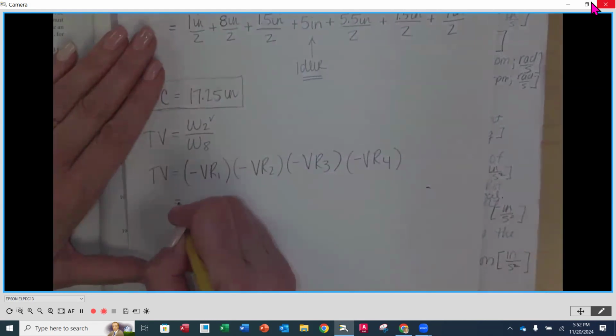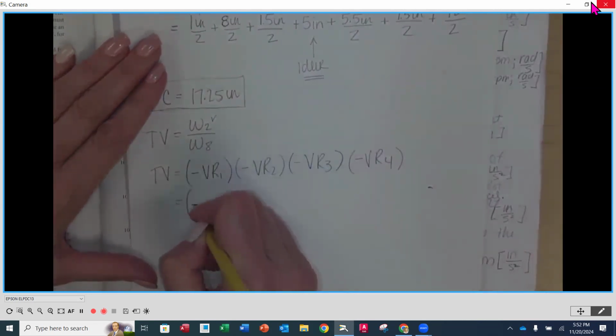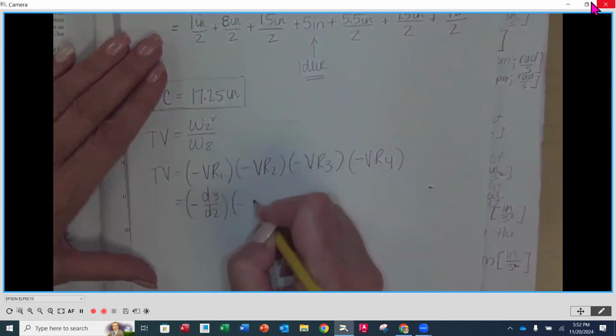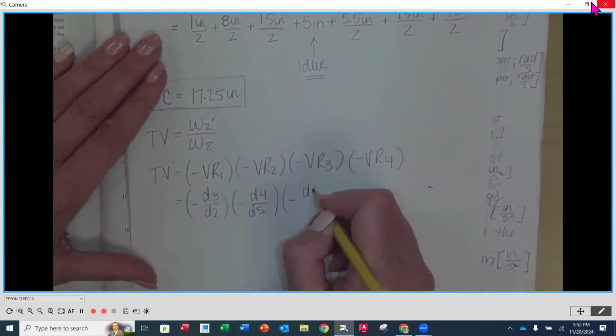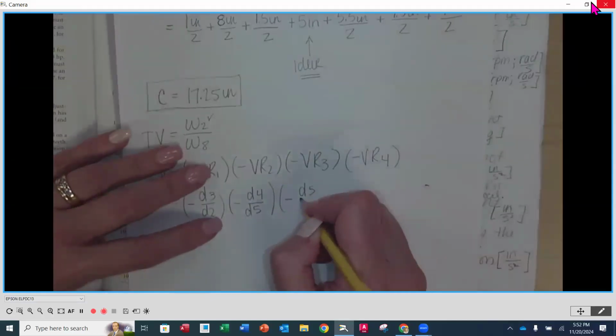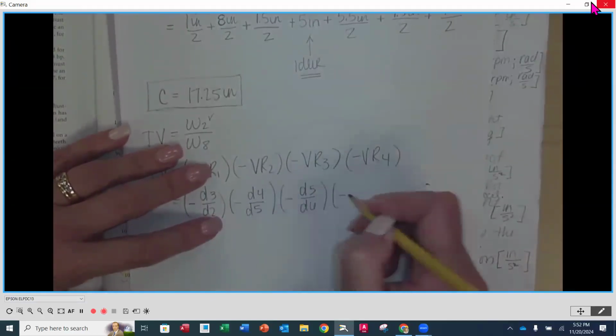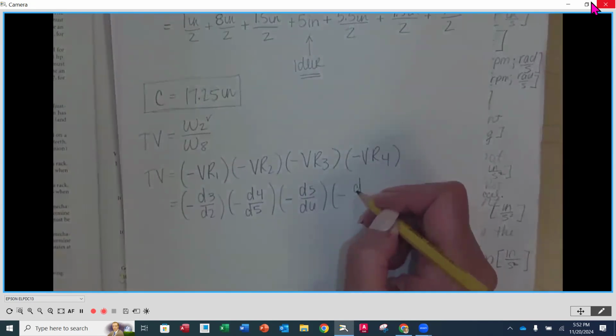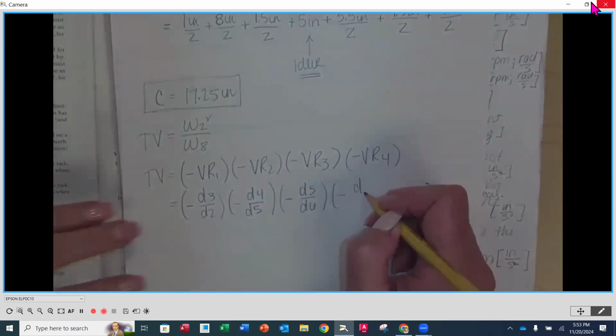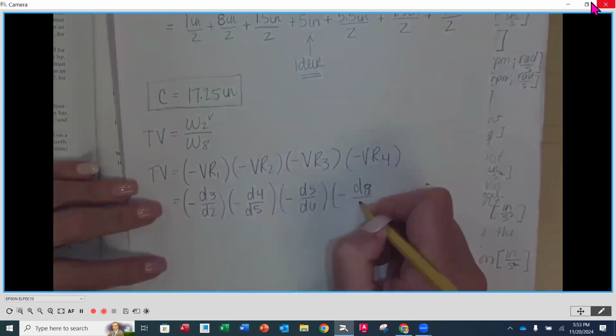So now, using those diameters, we're going to have a negative D3 over D2 times a negative D4 over D5 times a negative D5 over D6 times a negative D8 over D7.